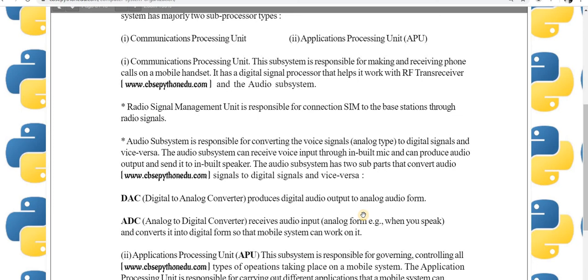Here the digital audio output means the binary form, and analog audio form. Okay, so the analog to digital converter receives audio input and converts it into digital form so that the mobile system can work on it. So these two are the opposite of each other. One is DAC, digital to analog converter, one is ADC, analog to digital converter.